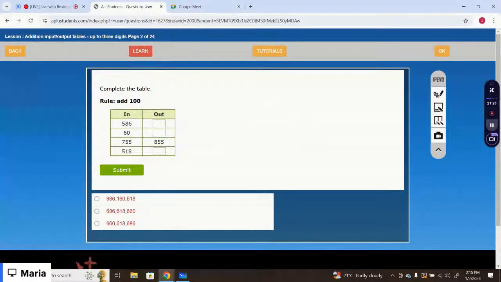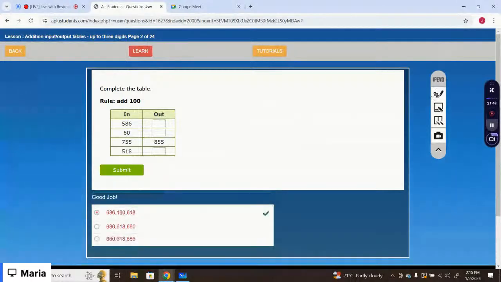You have to add 100. The rule is 100, right? So when you add, that is 686, 160, and 618. So option number 1 is the correct option. That is 686, 160, and 618. Very good. So option number 1 is the correct option.